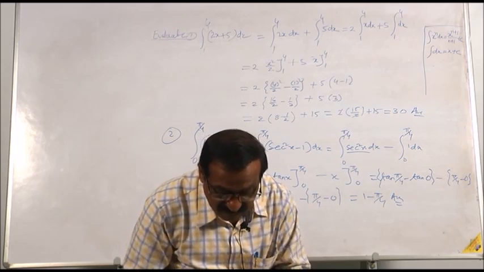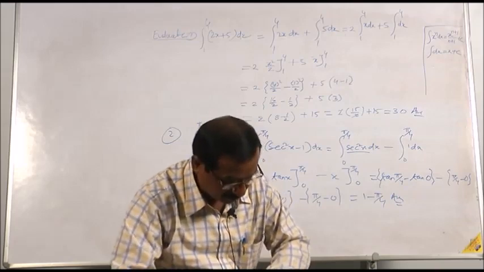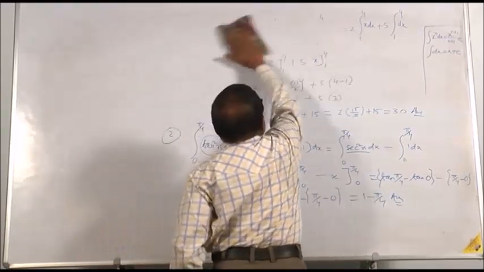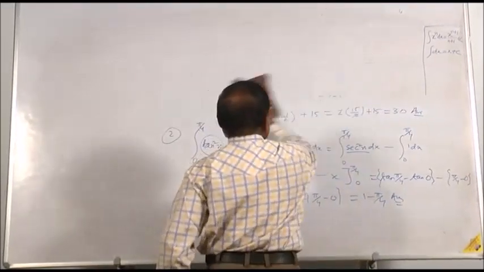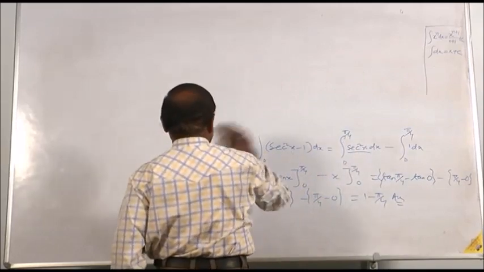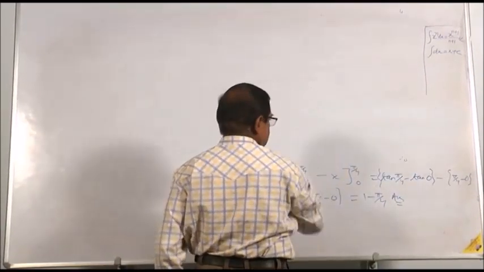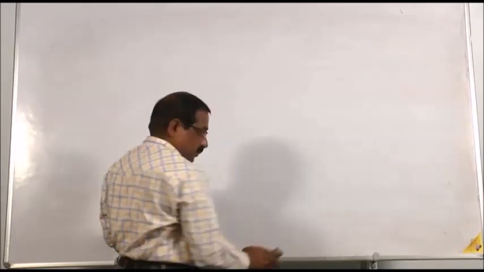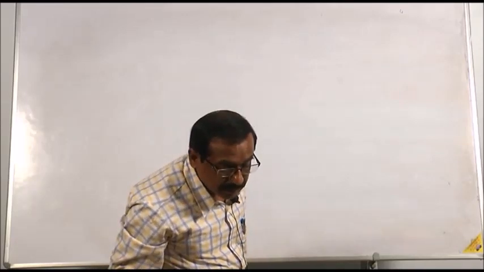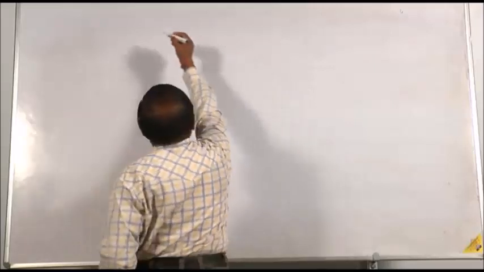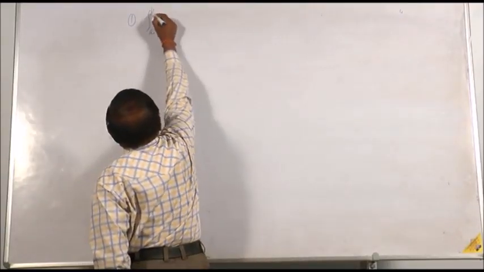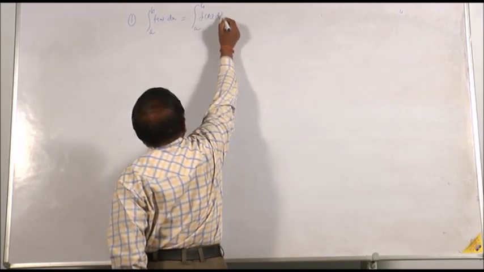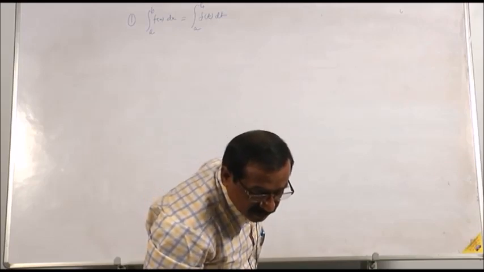I will write the most important properties here. Property 1: the integral from a to b of f(x) dx equals the integral from a to b of f(t) dt.